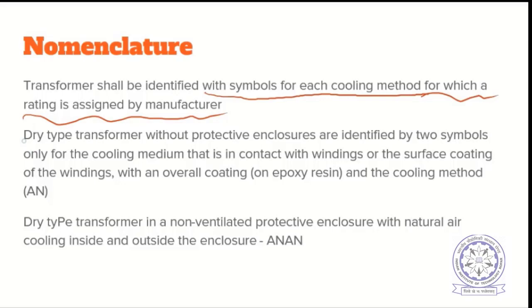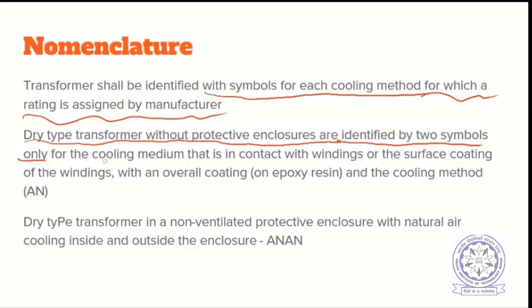Dry type transformer without protective enclosures means there is no tank. Dry type transformers without protective enclosures are identified by two symbols only. They need only two symbols because there is no external cooling mechanism, only one cooling type.